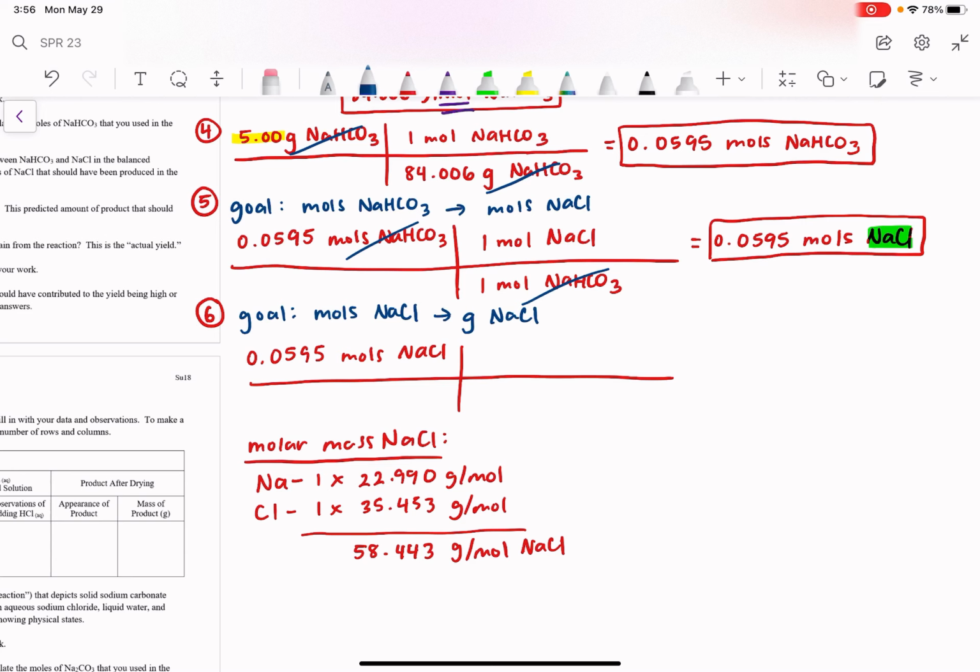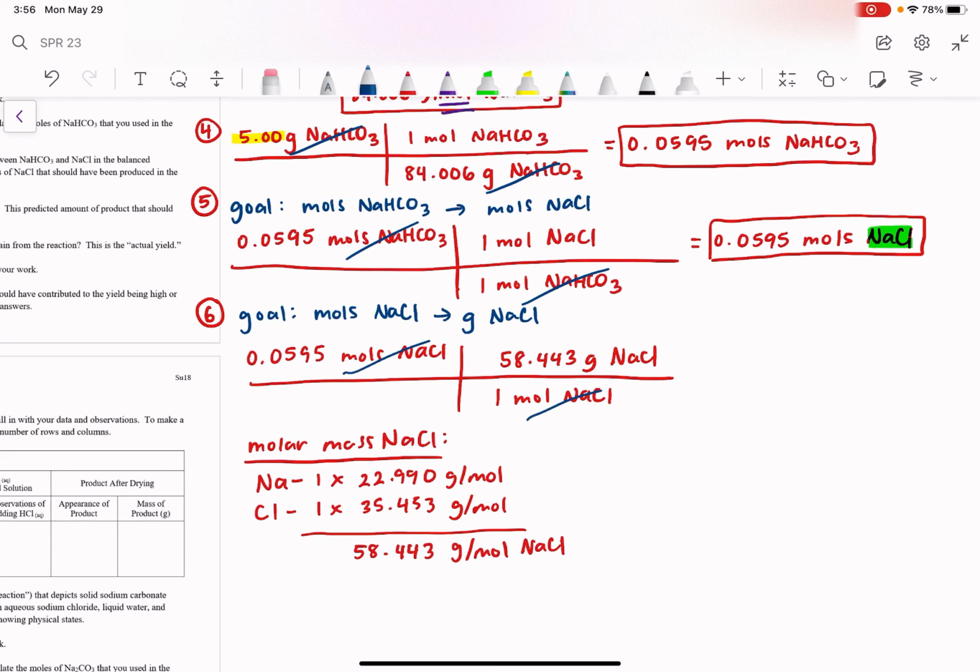Now we have the molar mass of NaCl, and that's what's connecting grams to moles. Remember, this number is telling you that for every 1 mole of NaCl, it weighs 58.443 grams. So let's plug that in: 1 mole of NaCl and 58.443 grams of NaCl, and now we can cancel out our moles.